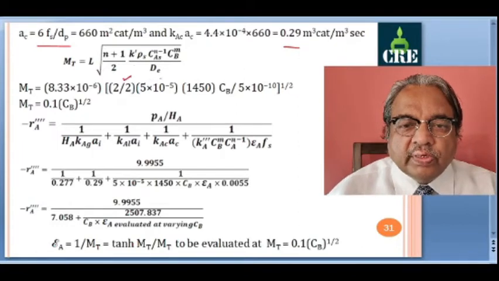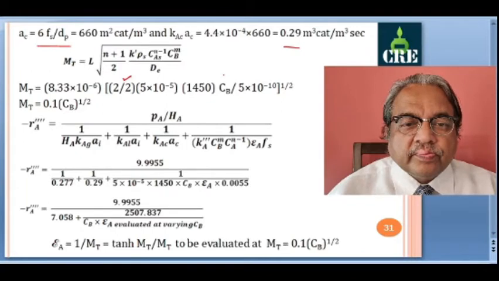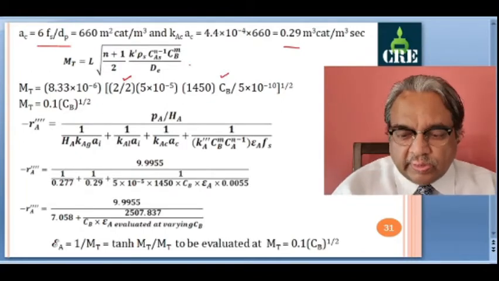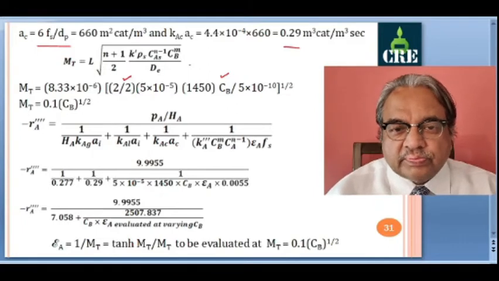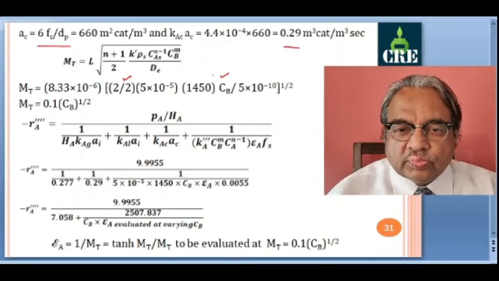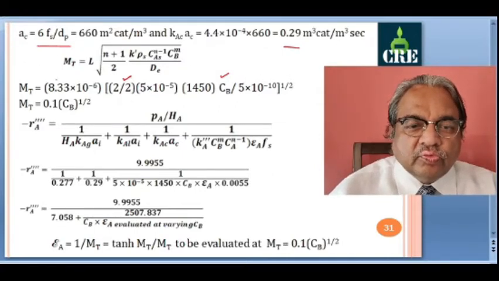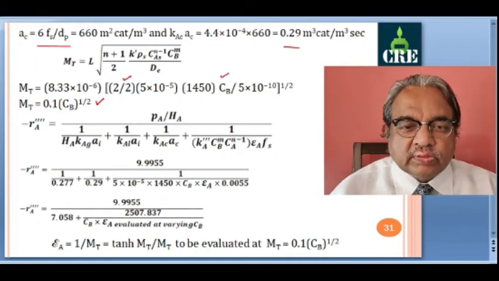K prime written here, rho s value, Cb, and CAS raised to n minus 1, n is equal to 1, so CAS raised to 0. So CB is unknown, divided by DE, and that raised to 1 by 2. So if you evaluate this, you get 0.1 CB raised to half. So we get the relationship in Thiele modulus at various values of CB between 2500 and 250.